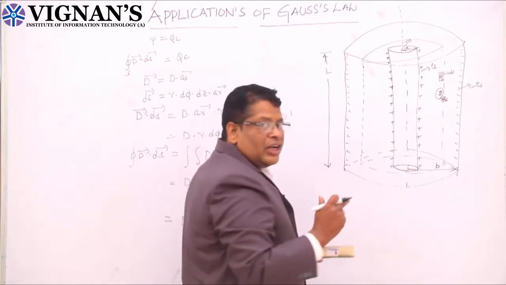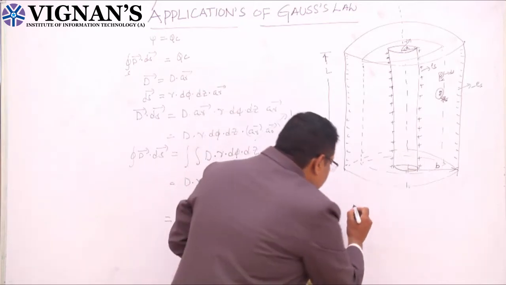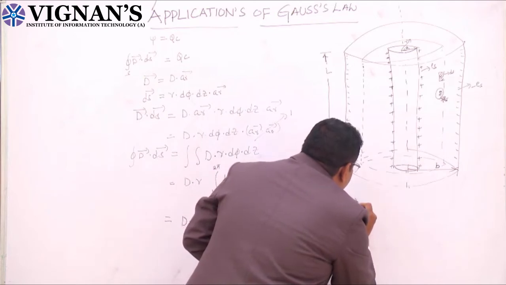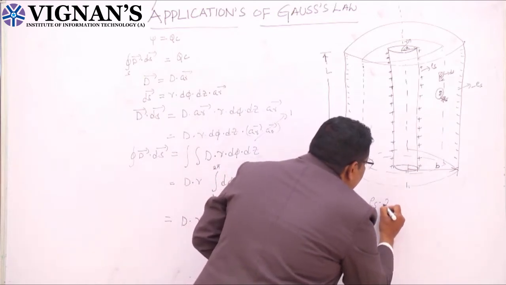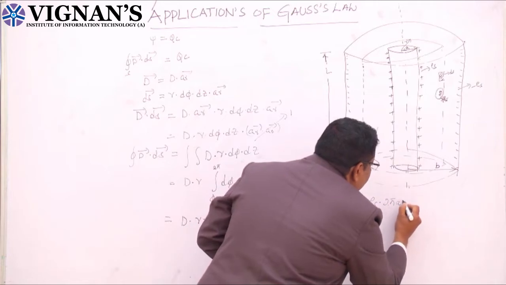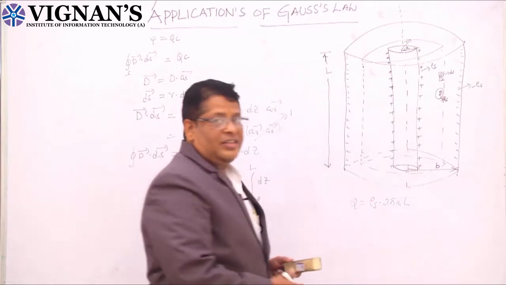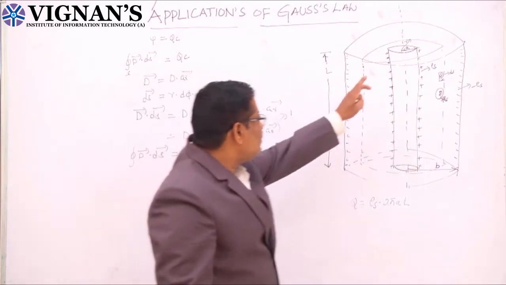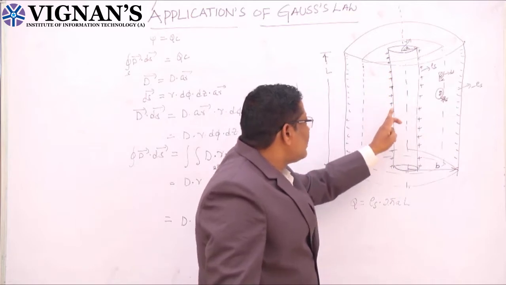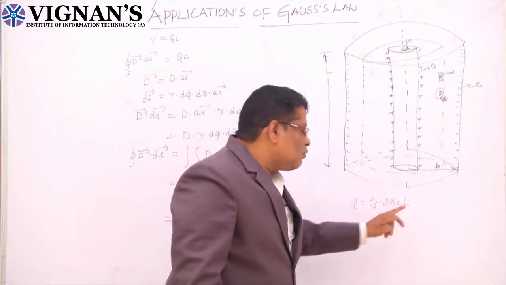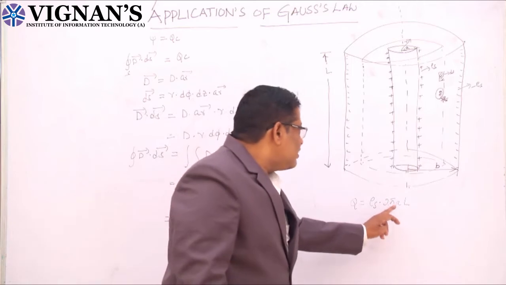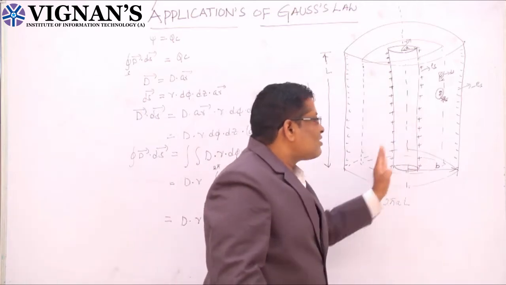Here we find separately the charge: Q equals rho S into 2 pi a L, which is nothing but the total surface area of the inner cylinder, 2 pi a into L. 2 pi a is what you get if you cut and stretch it.